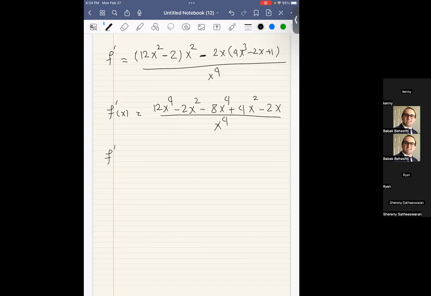So f prime of x is equal to 12 minus 8 is 4, 4x to the power 4, minus 2 plus 4 is 2, 2x squared. And then you have this with this, and this with this guy. And then there is only minus 2x left on the top. At the bottom, you have x to the power 4.